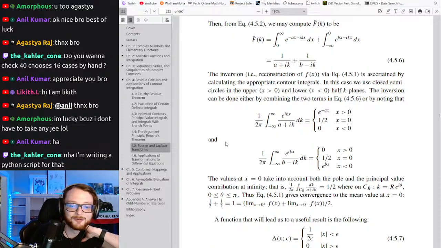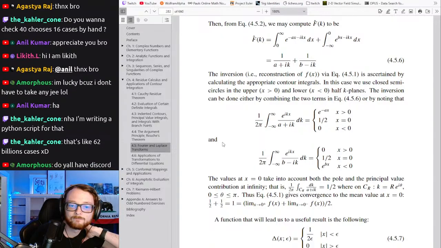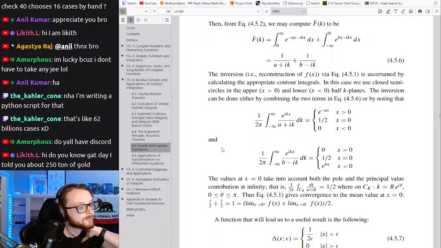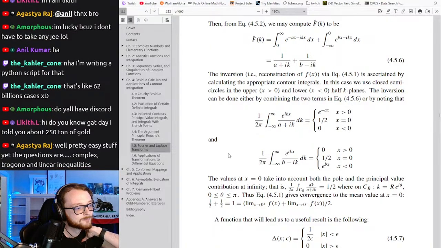Okay, nice. Yeah, Licketh. 62 billion cases? Really? Oh my god.